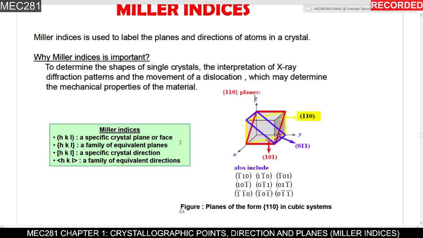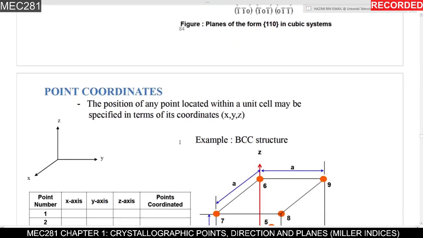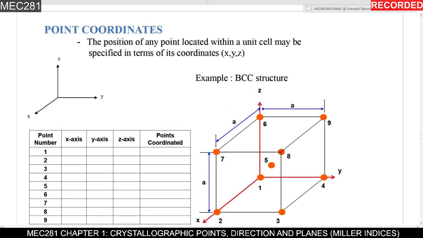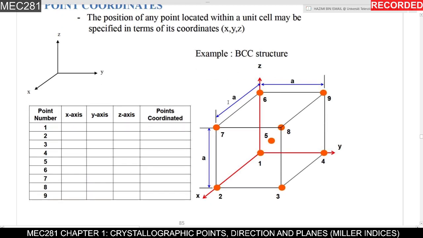Let's go to the next slides. First, you have to recall what you have learned in your mathematics or physics during your SPM, the point coordinates. Let's revise.